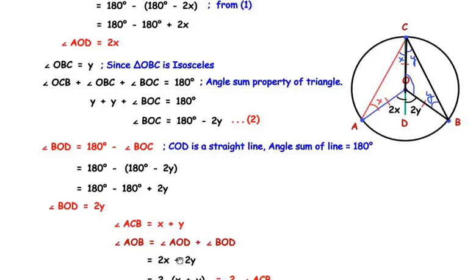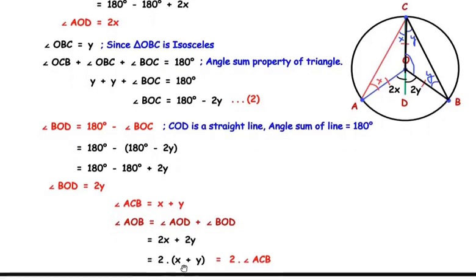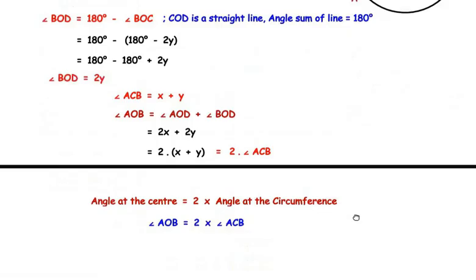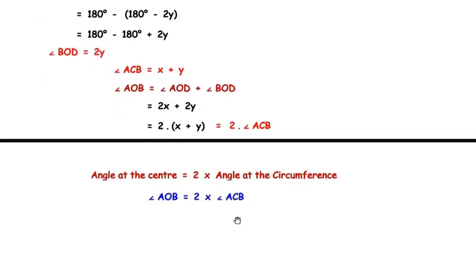So we get 2x plus 2y. Now let us factorize this, that is we can take 2 as a common factor, giving us 2 times (x plus y). But x plus y was angle ACB, that was the angle on the circumference of the circle. So we have proved that the angle at the center of the circle, that is AOB, is equal to 2 times the angle at the circumference of the circle. So this is the proof of the first theorem.